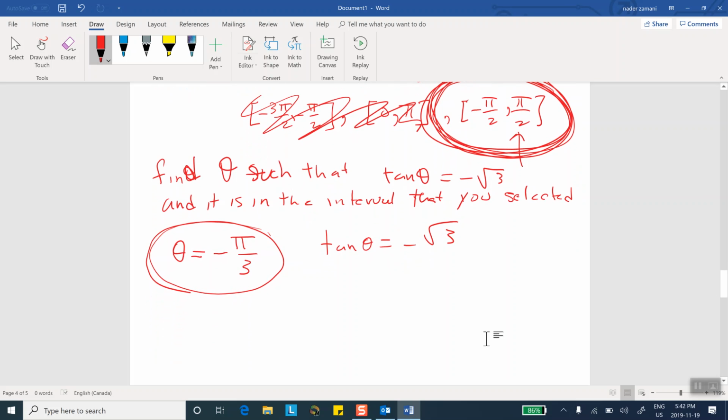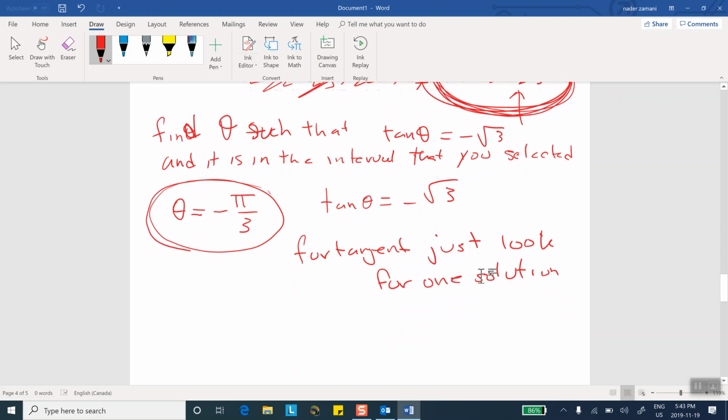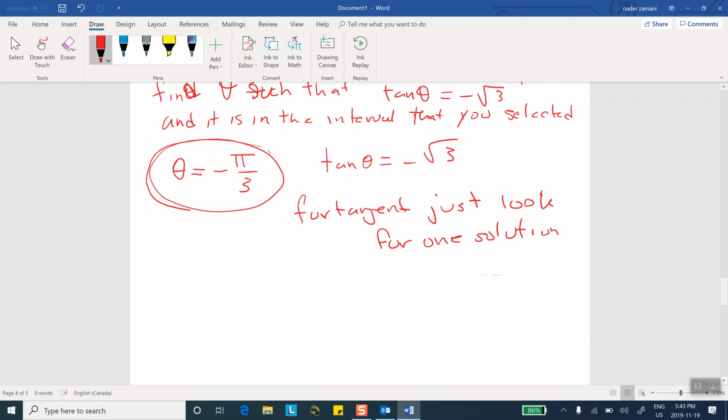For tangent, you just look for one solution. Remember, for sine, we had to do 2. But for tangent, we just do 1. And once you found it, in that interval that you picked, of length pi, then you're done.